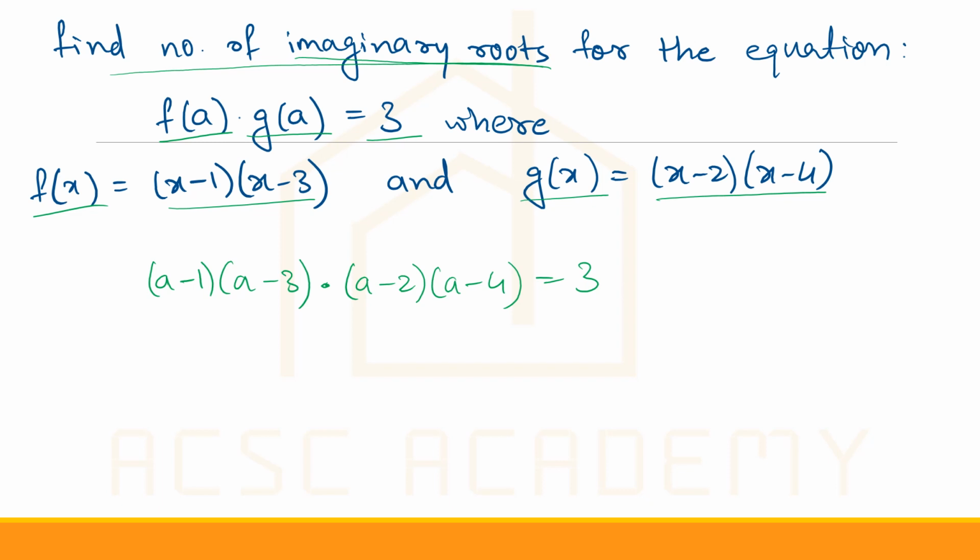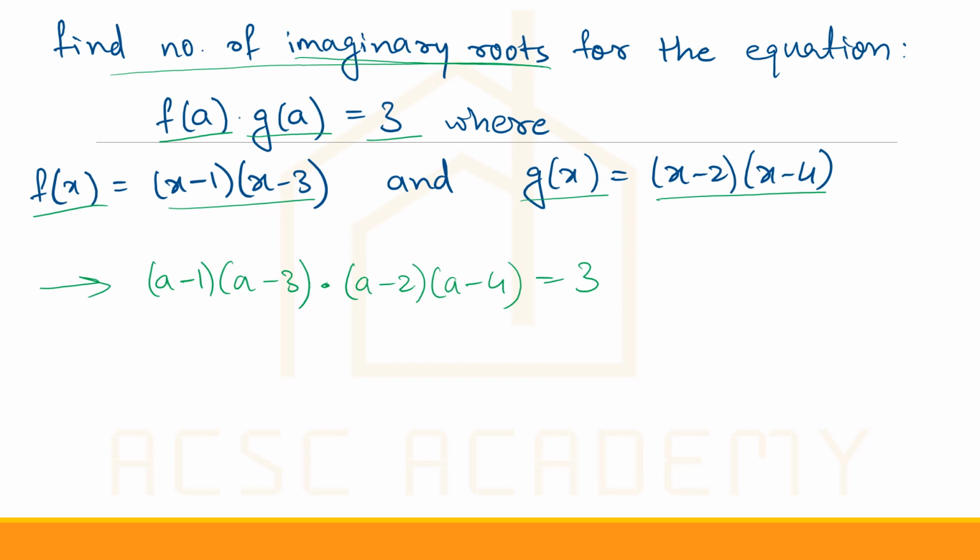Now directly looking at it, it seems to be a biquadratic equation because there are 4 factors. When we will multiply all 4 of them together and then write it in the standard form, it will become a biquadratic equation. But we cannot directly solve it. A biquadratic equation cannot be directly solved using the formula method or the factorization method that we know.